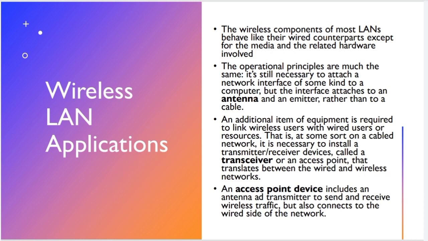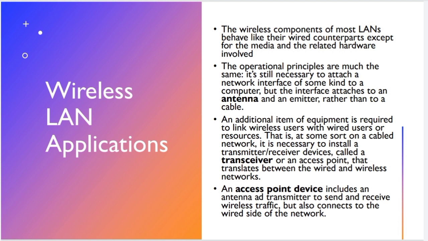The wireless components of most LANs behave like their wired counterparts except for the media and the related hardware involved. The operational principles are much the same. It is still necessary to attach a network interface of some kind to a computer, but the interface attaches to an antenna and an emitter rather than to a cable. An additional item of equipment is required to link wireless users with wired users or resources.